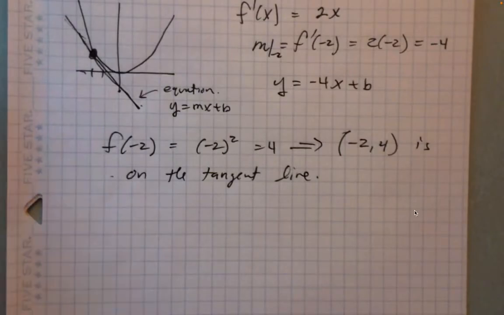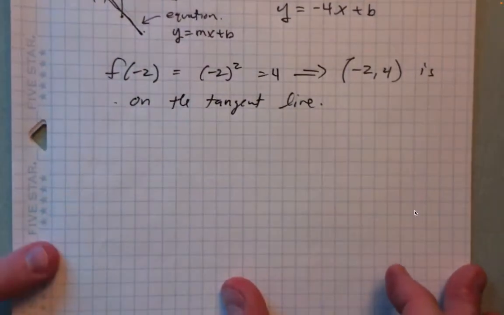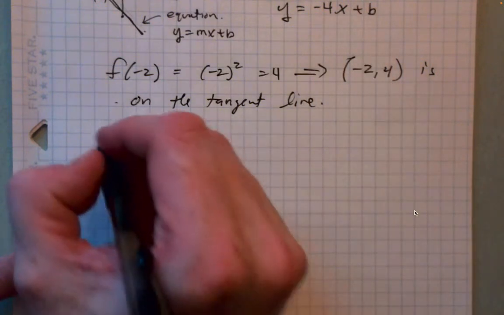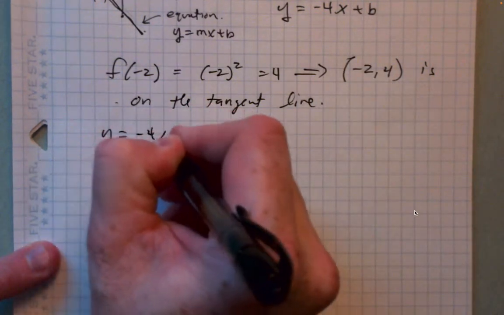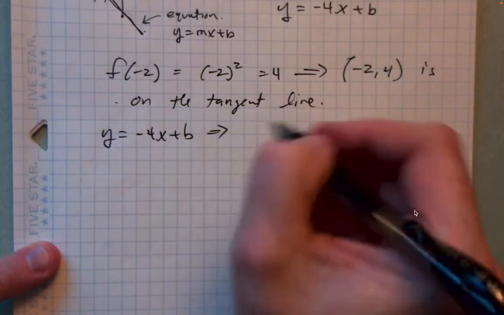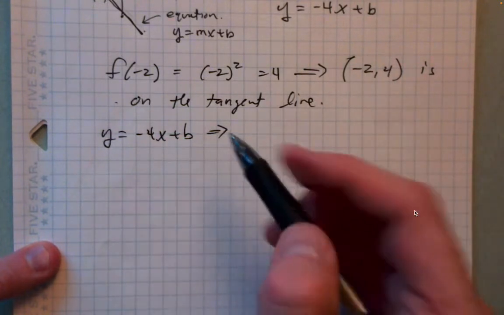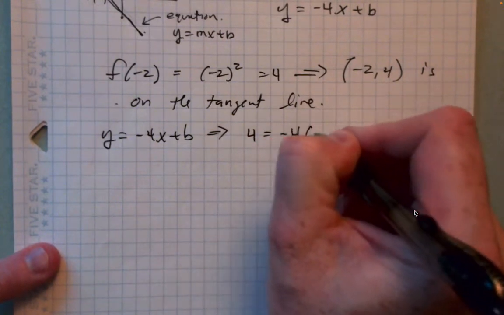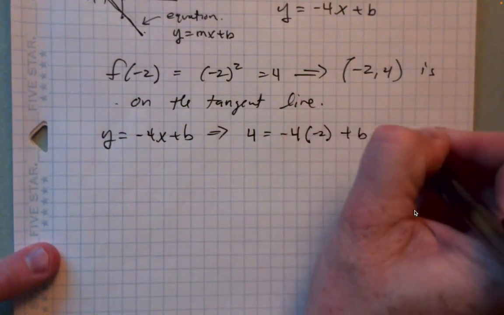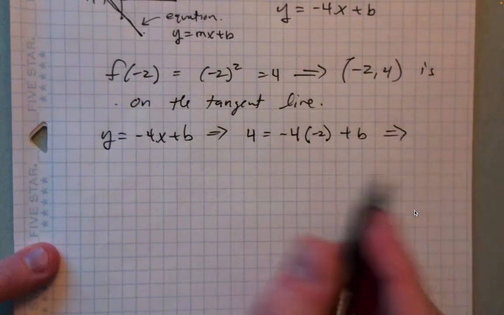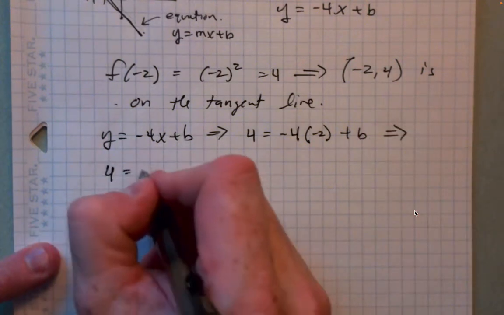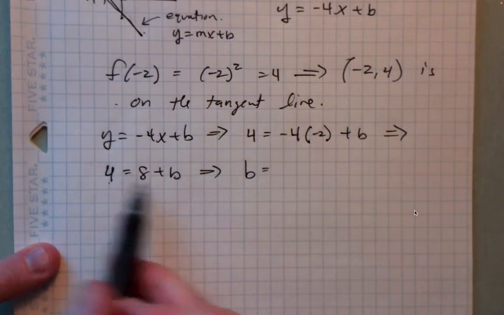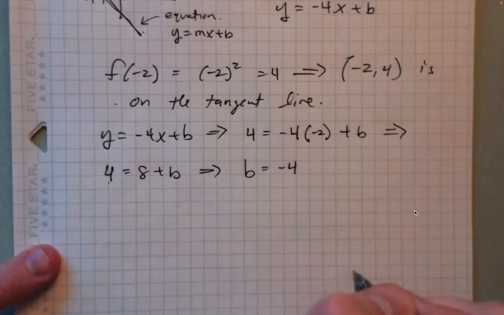All right, and we can use that fact and the fact that we know the slope now to figure out what b is. So y equals -4x plus b. Okay, so we can plug in these coordinates into this, and we get 4 equals -4 times -2 plus b. Okay, so that means 4 is equal to 8 plus b, which implies that b is equal to 4 minus 8, or -4.